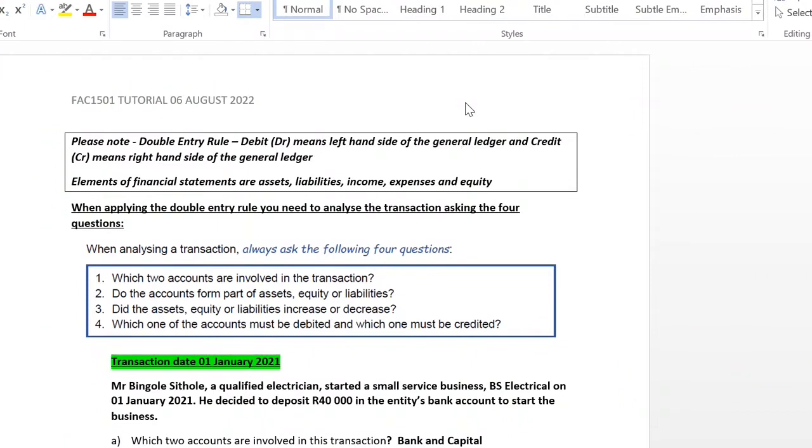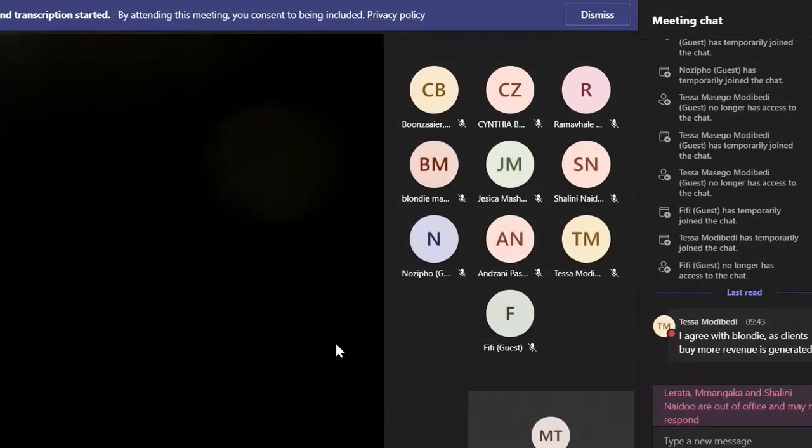What about bank, when VW bought stationery from Waltons? Remember, I explained to you the expense is increasing in the business because there is more expenses. What about bank? Is that bank account increasing or decreasing?